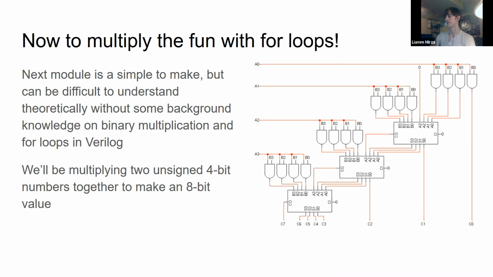Especially with gate level modeling, this one would be absolutely massive. And even with a normal behavioral model without for loops, this would be a lot to deal with.